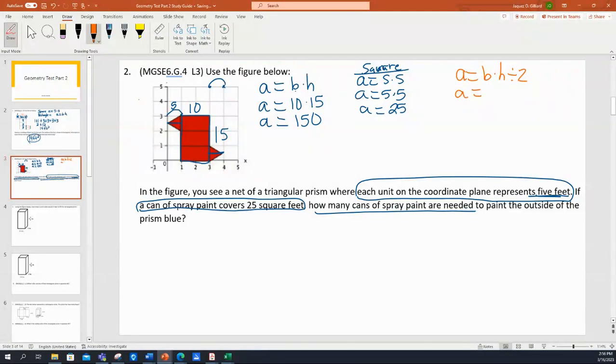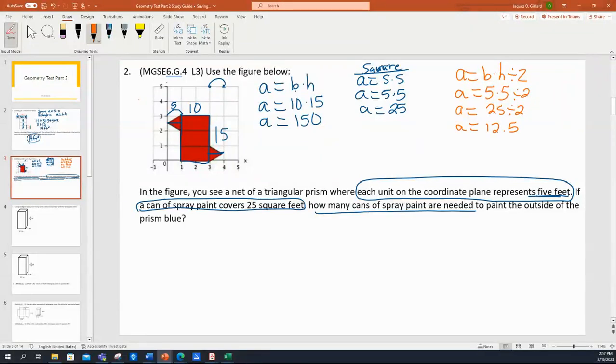And the base will be 5 and the height is also what? 5, okay? Because if you look at the triangle, this direction would be the height and this direction would be the base, but they both are equal to 5. So now if I do 5 times 5, I'm going to get 25, right? And if I divide 25 by 2, we all know that 25 divided by 2 is going to be 12.5.